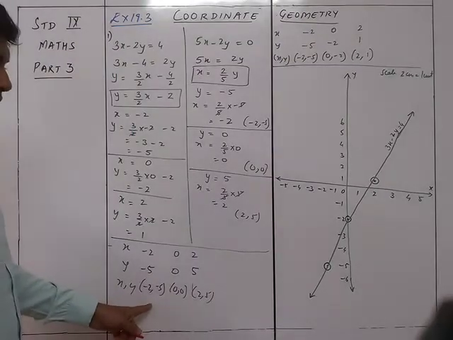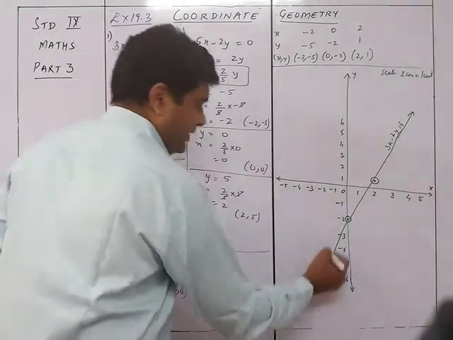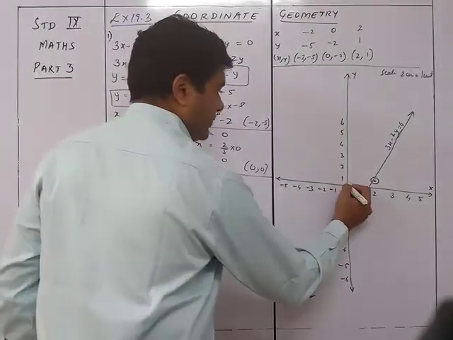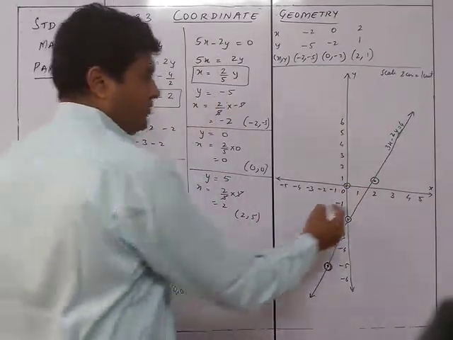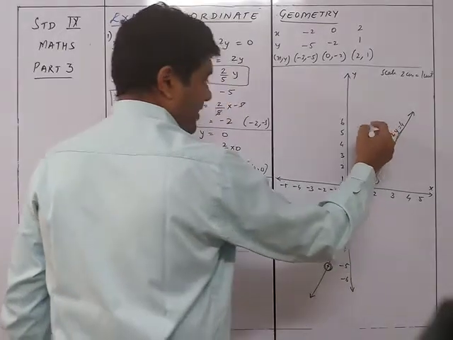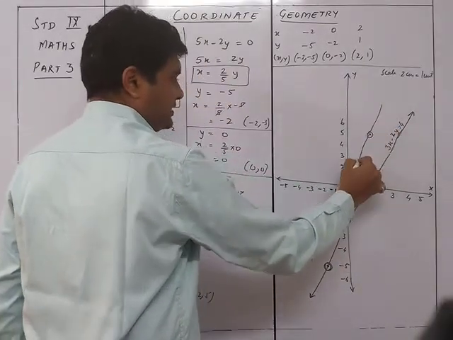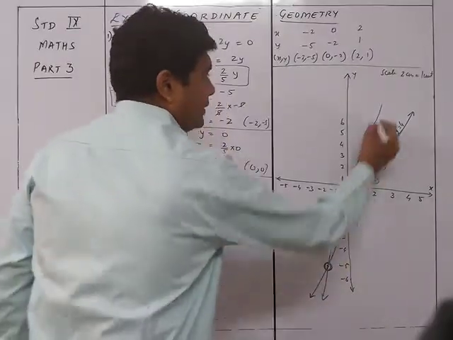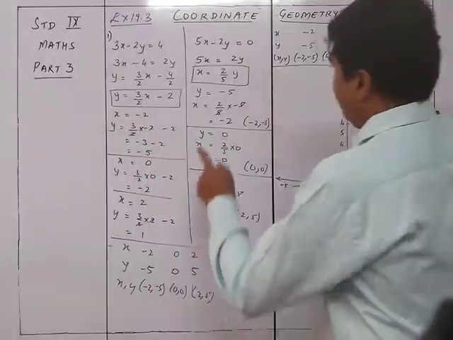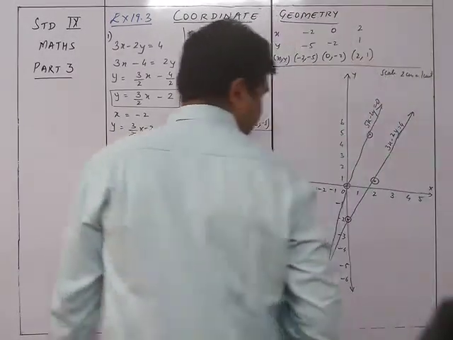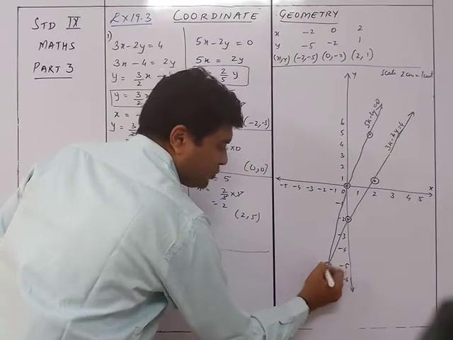We'll plot these points. Minus 2 comma minus 5 will be the same point over here. 0 comma 0 is over here. And 2 comma 5 will be over here. So accordingly you will have a straight line coming like this. So this equation is 5x minus 2y is equal to 0. So you can see the intersection point is this one.